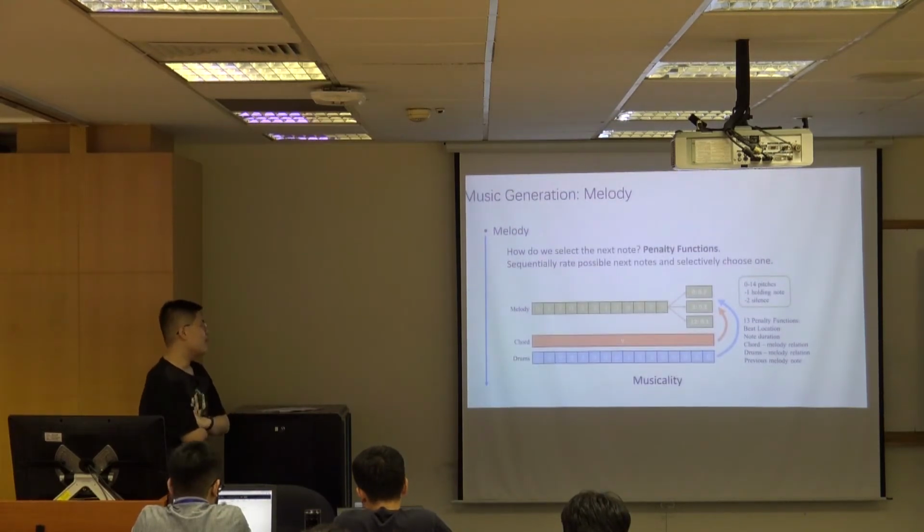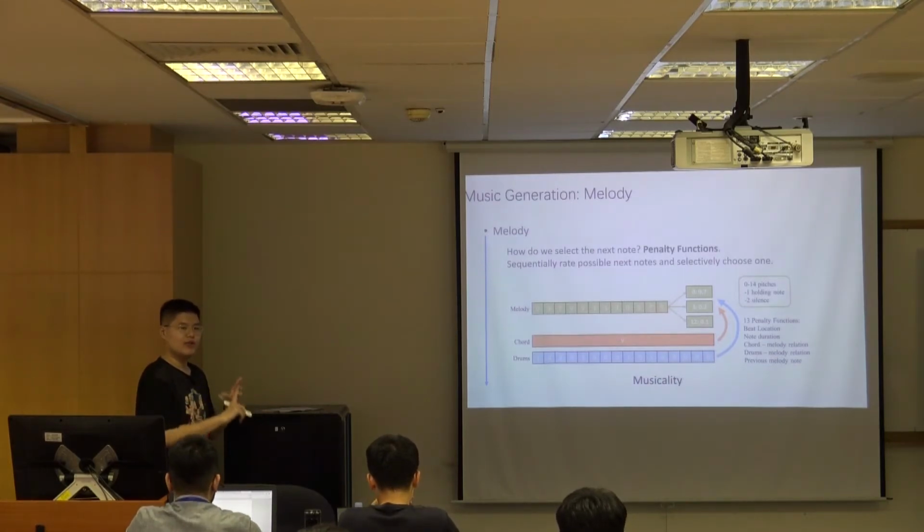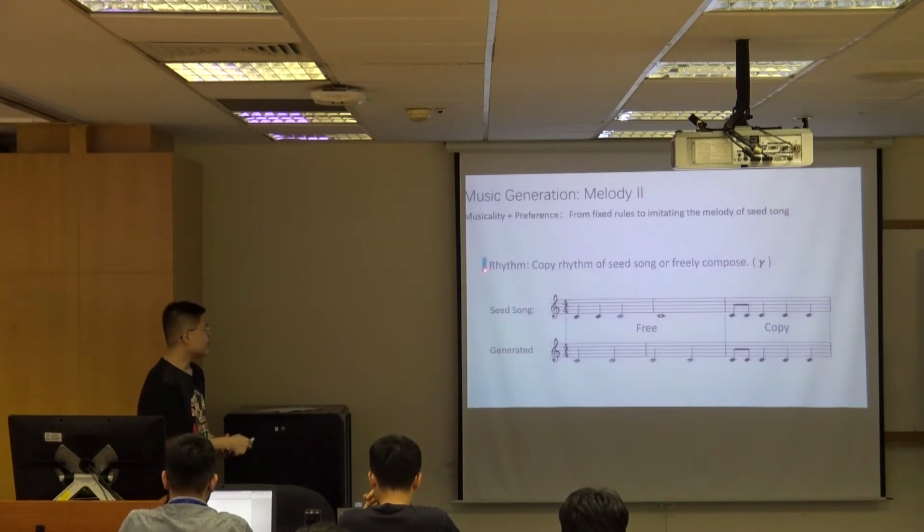Okay, and finally is the melody generation. Melody generation is very similar. It has the same representations, and it also has rhythmic patterns and pitch patterns. The rhythmic patterns of melodies are a little different from bass, since we want to imitate the seed song. You remember the contribution on music similarity, right?